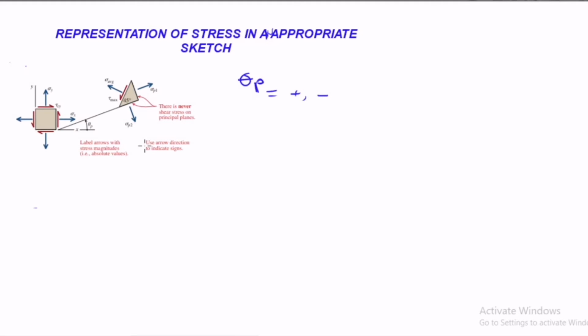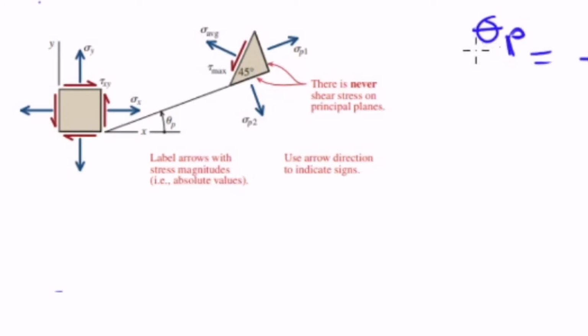For the diagram represented here, this is positive. That is, the principal angle is positive. When the principal angle is positive, the angle is going to move counterclockwise. So as you can see, it's moving counterclockwise.